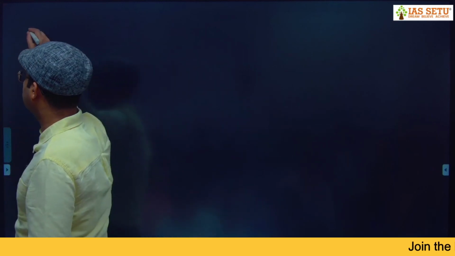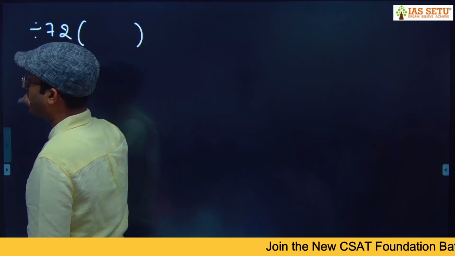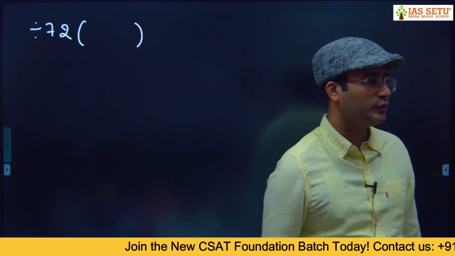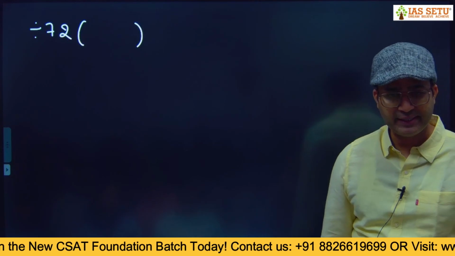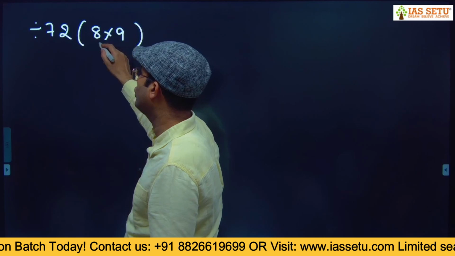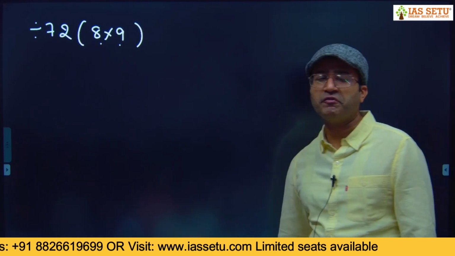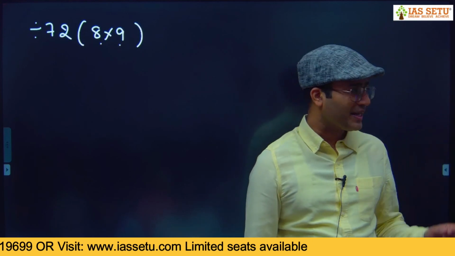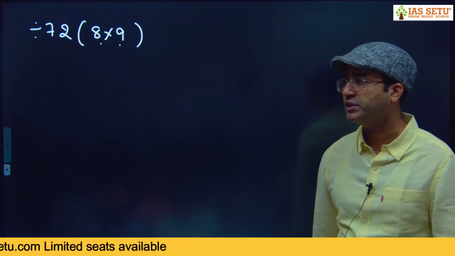Now next is divisibility of 72. How do you break 72 so that we get a pair of co-prime numbers? 8 and 9. How come 8 and 9 are co-prime? They are two consecutive natural numbers. So if any number is divisible by 8 as well as 9, the given number is divisible by 72.